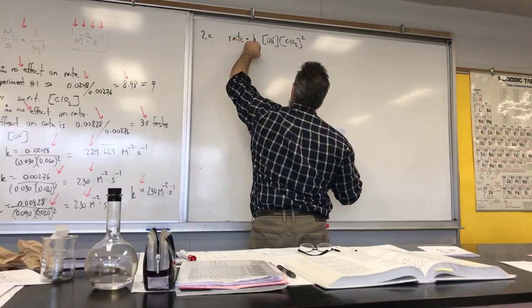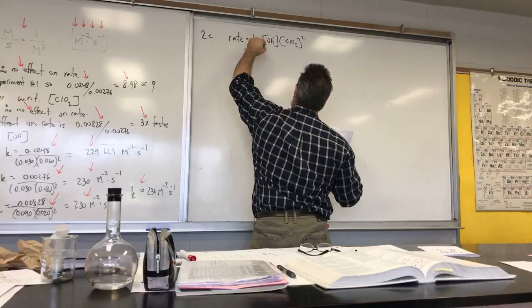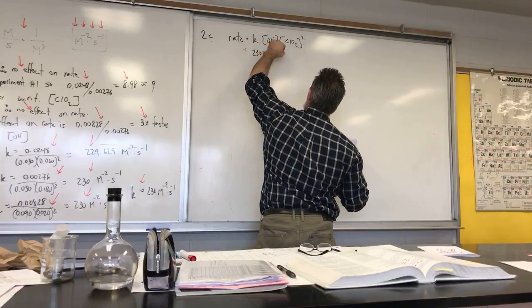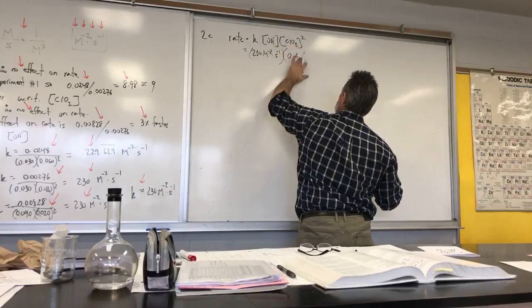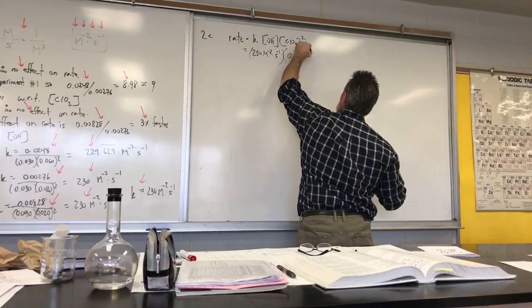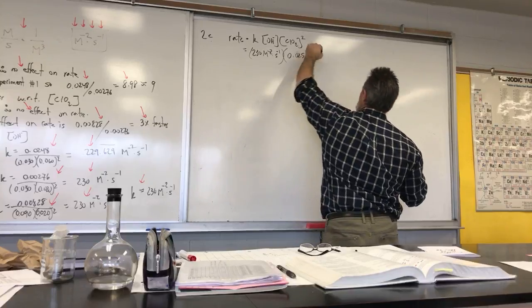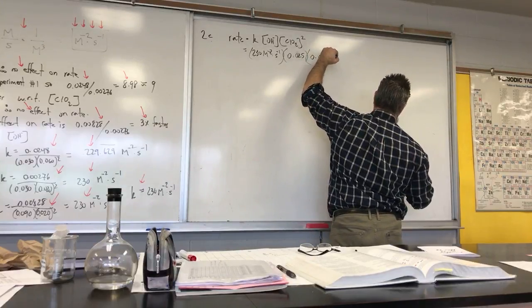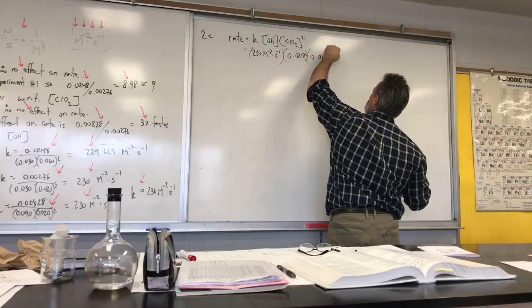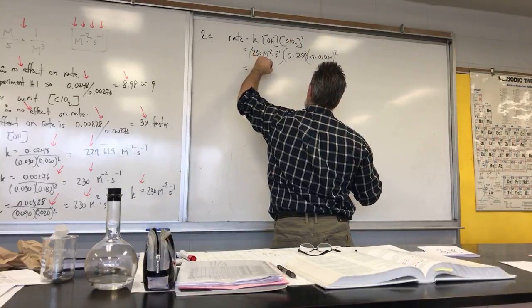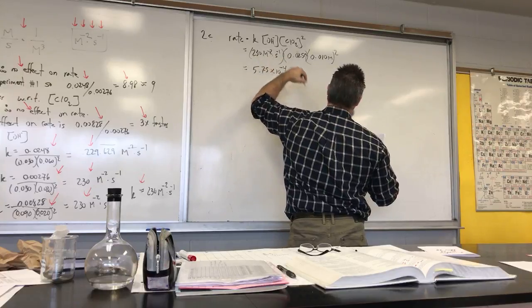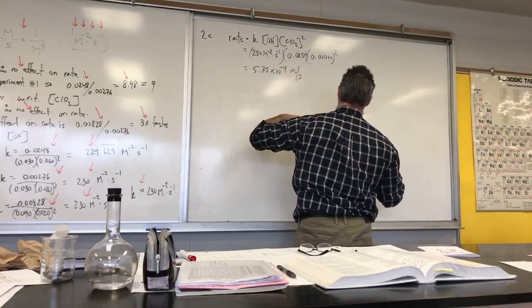And you know the rate constant because you just finished calculating it in the last exercise. And you're told the hydroxide concentration is 0.025, and that the chlorine dioxide concentration is 0.01 molar in each case. So your answer will come out to be 5.75 times 10 to the -4 molarity per second.